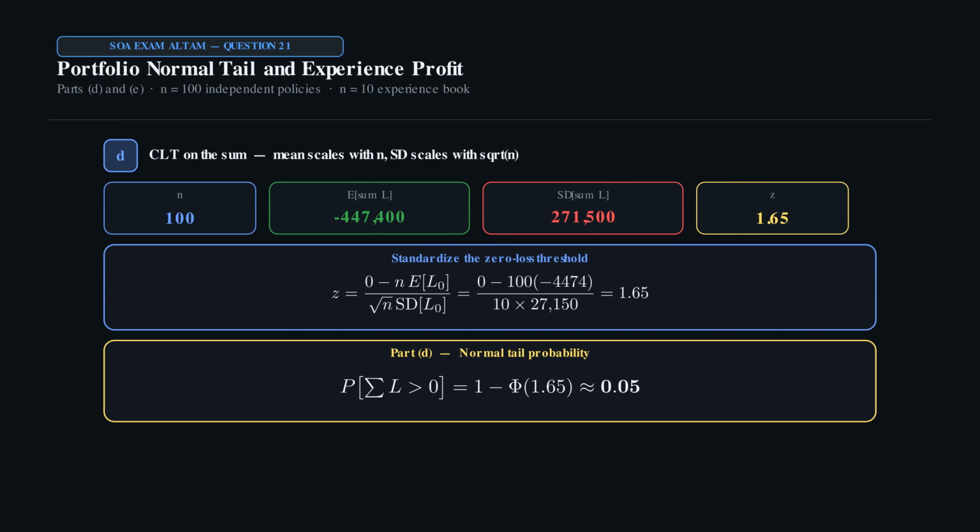Z is 0 minus n times expected L0 over square root n times the single policy standard deviation. That is 100 times 4,474 over 10 times 27,150, which is 1.65. The upper tail, 1 minus phi of 1.65, is about 0.05.